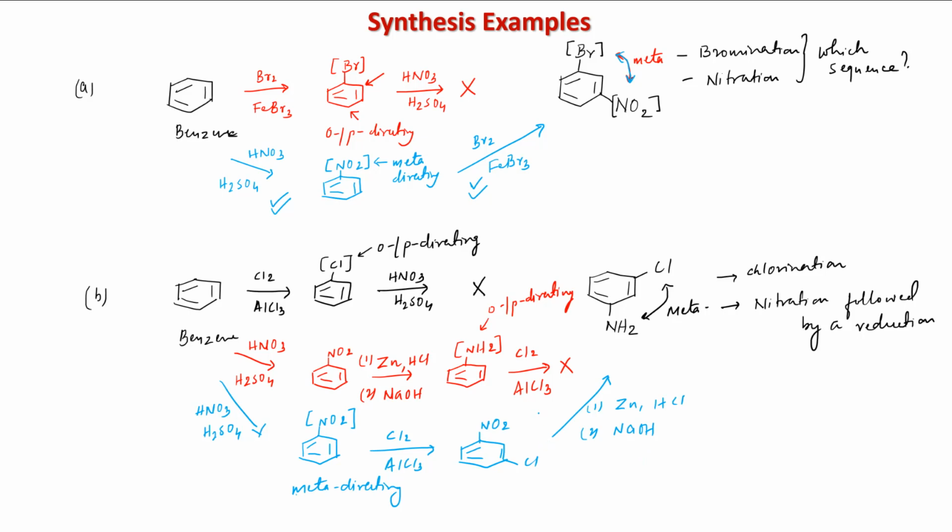And by doing so, we are able to make the desired product, where the amino group and the chloro are meta to each other. So again, what we notice is that the sequence of these reactions, or the order in which these reactions are conducted, is the most important factor here.